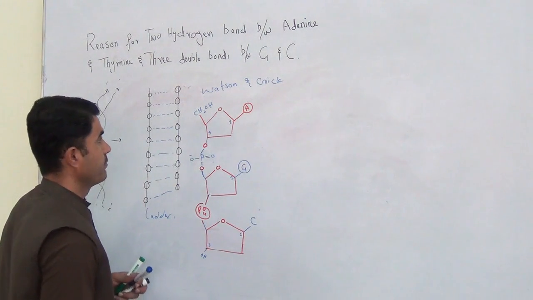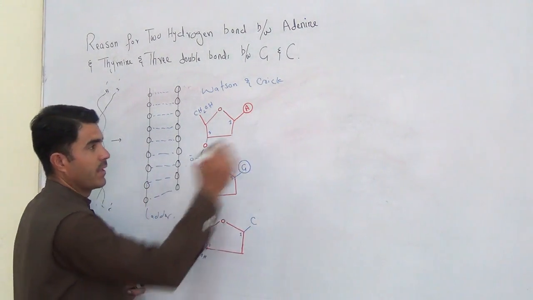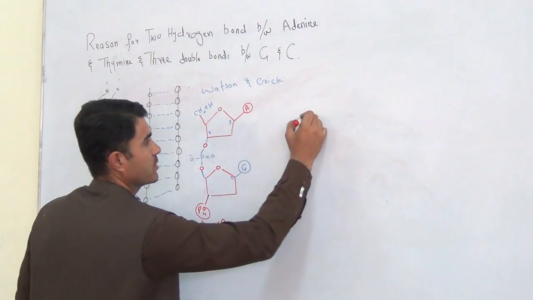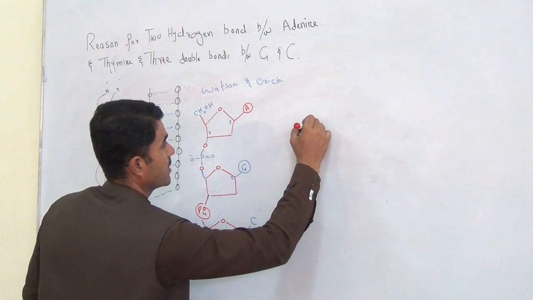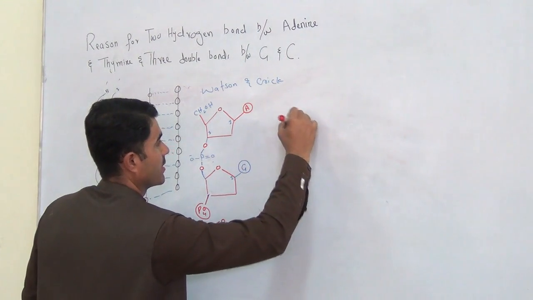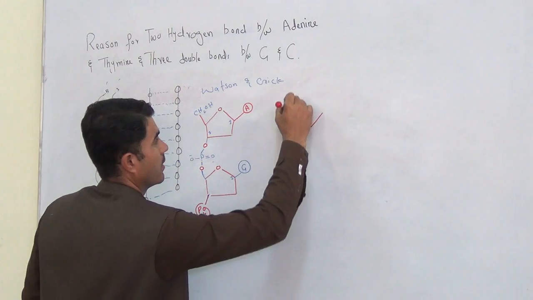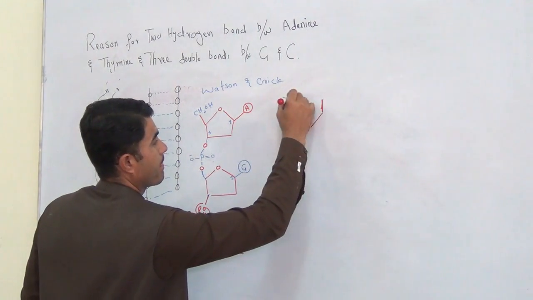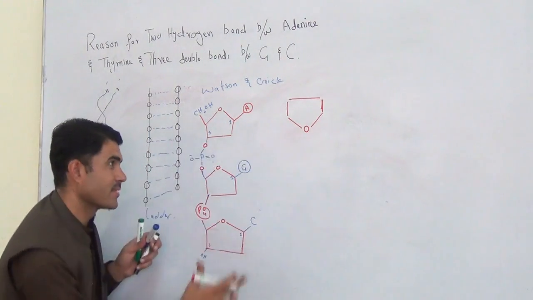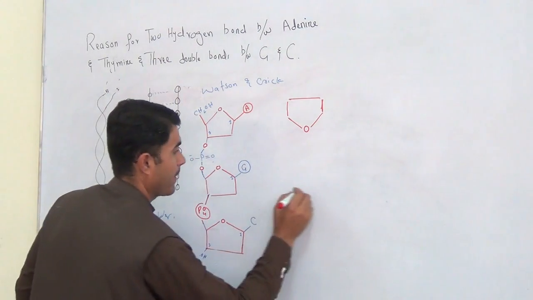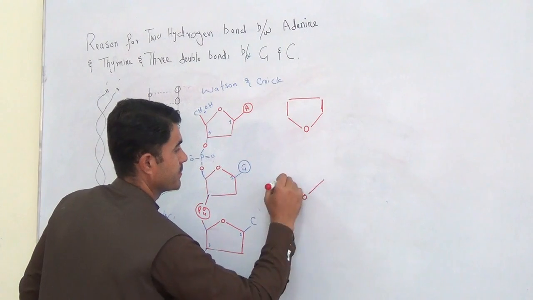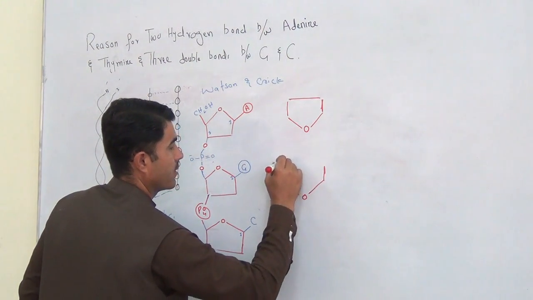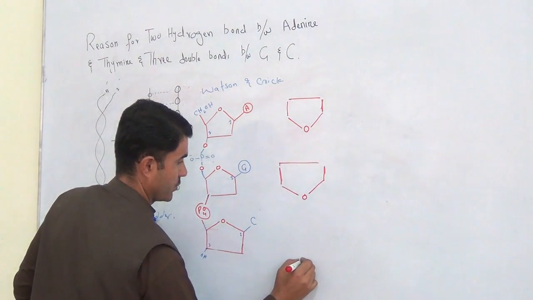Now we have another strand here, but if you want to know another strand, you must write it like this. O is at the downside, right? This is one sugar, but this time the O must be at the downside. And again we have one more sugar here, and again we have one more sugar here.